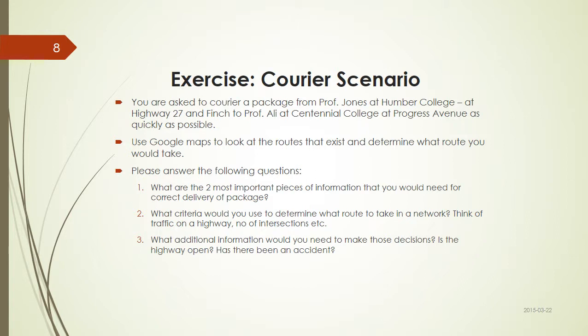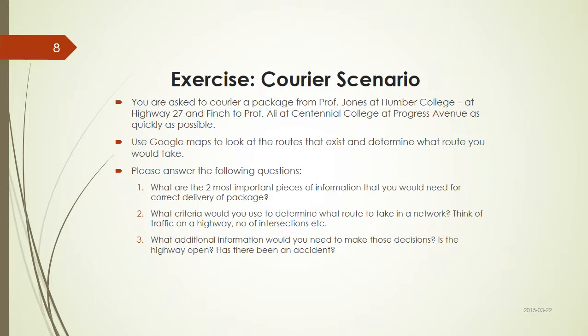What you would probably end up doing is take a look at Google Maps and listen to the news to see what type of traffic is in that area, and what would be the best way of getting here. Some of the things that you're looking at here are the source, in this case Humber College, and the destination, Centennial College. And then you'd be looking at what routes are available. You could take Highway 407, you could take the 401, you could take Finch, and a number of other alternatives are out there.